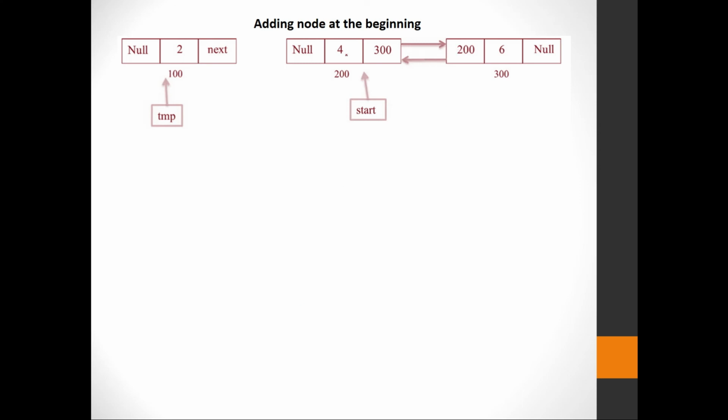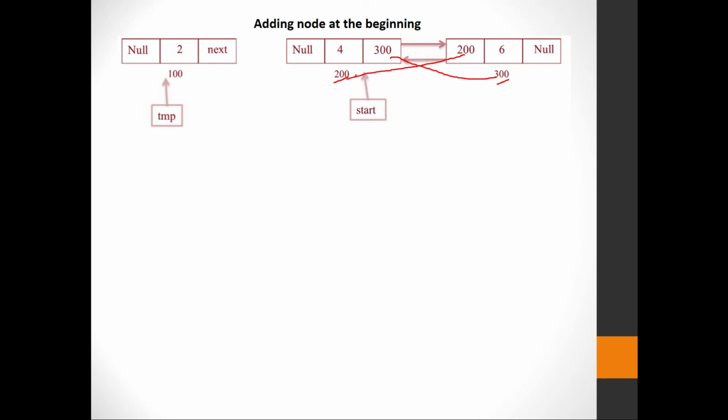There is one data. Here you can see this is a pointer 200. So now this 300 is pointing to this 200, and this particular node address is 300. That is why you are writing 300 here, and this previous is pointing to 200, which means it is pointing to this particular address.